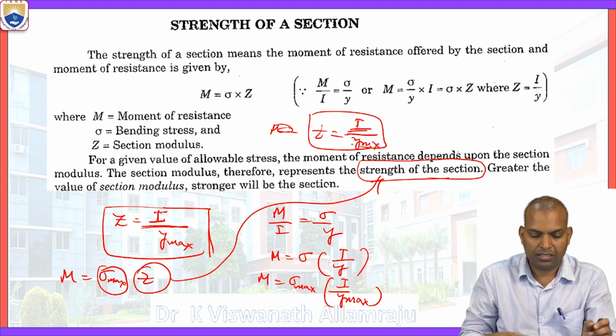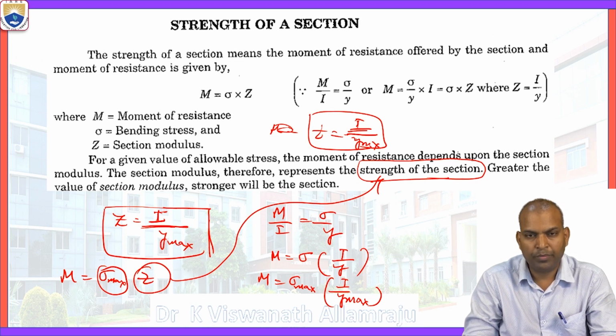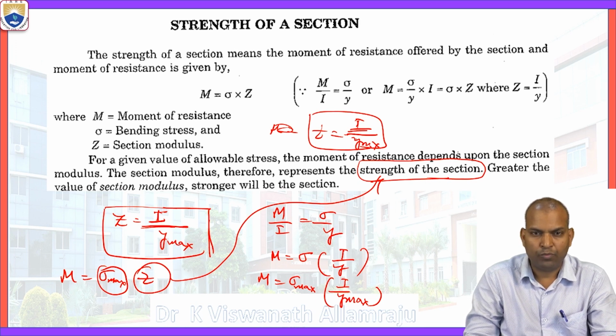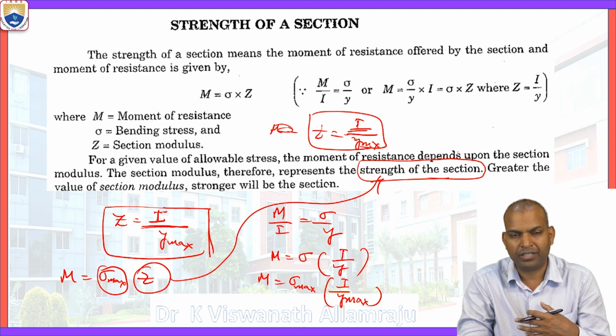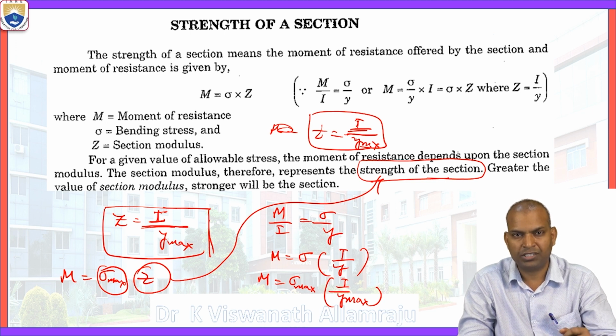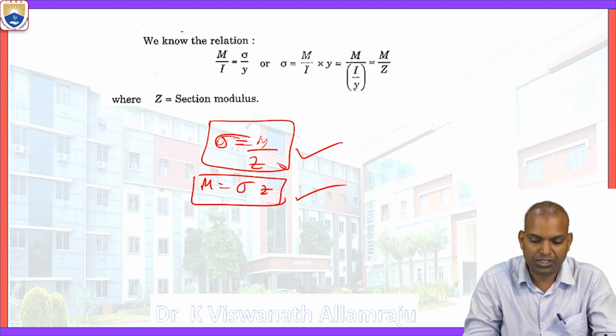When Z is maximum, the moment of resistance is maximum, that means resistance to bend is maximum for the applied load. That means Z represents the strength of a section.